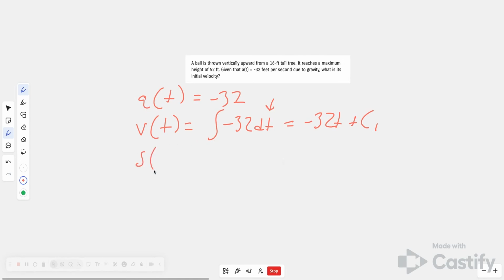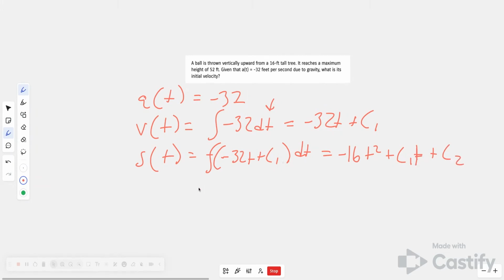And s of t is equal to the integral of negative 32 t plus c1 times dt, which is negative 16 t squared plus c1 t plus c2.